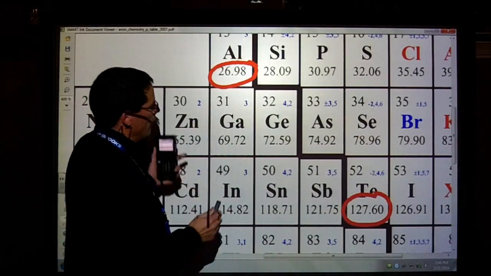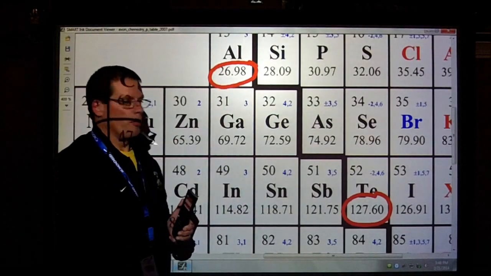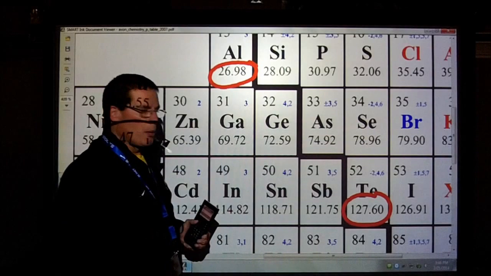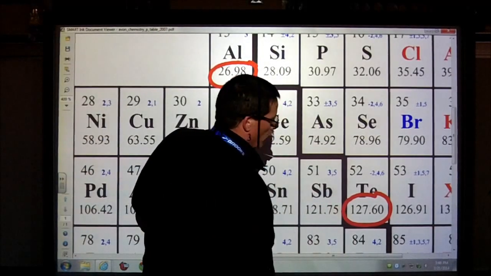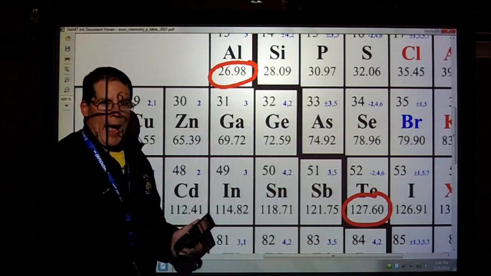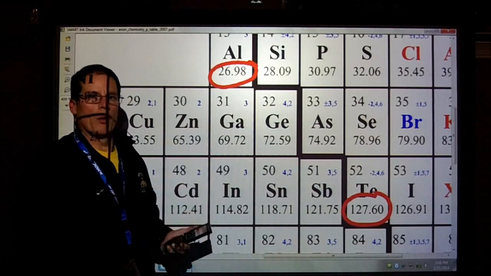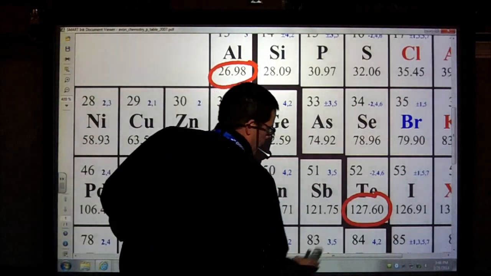True, even though we don't have the same number of grams for each of these, 26.98 grams of aluminum represents the same number of particles as 127.60 grams of tellurium. So we want to make sure that we're actually changing the masses into moles, so it's something that we can work with that's equal to each other.